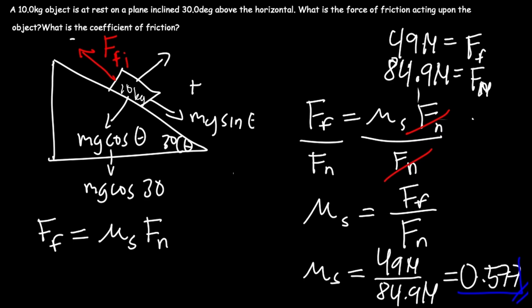So we can say that the coefficient of friction is greater than or equal to 0.577 but not less than. So that's our final answer for this problem.